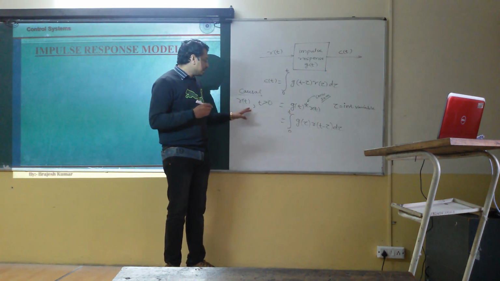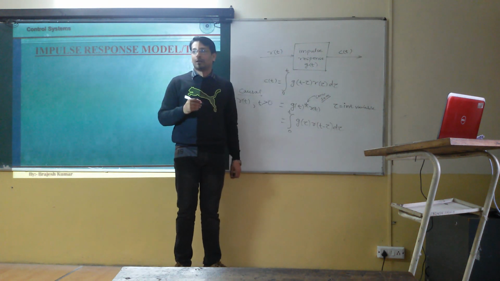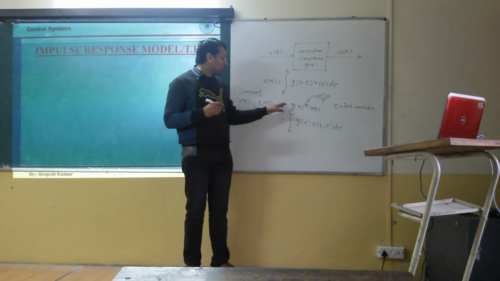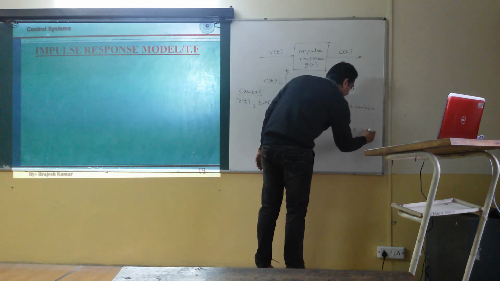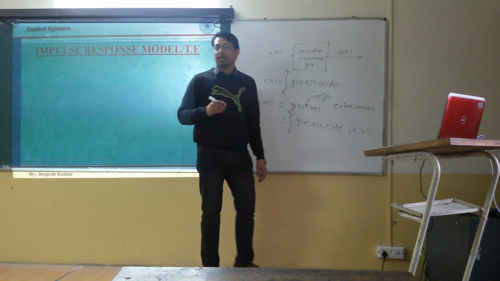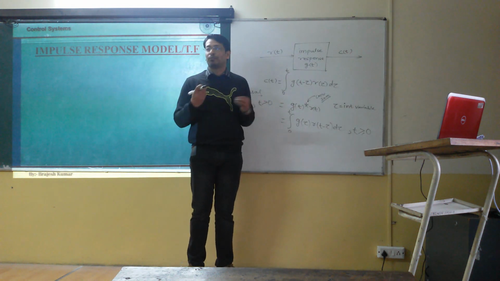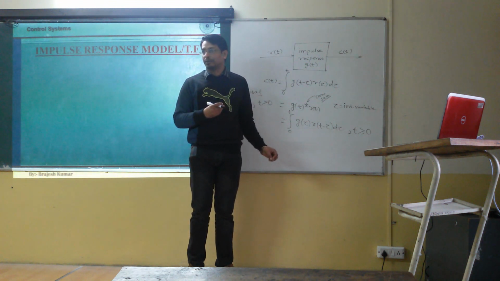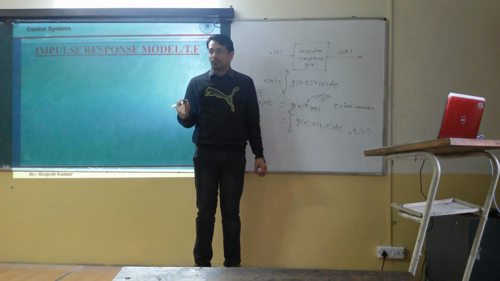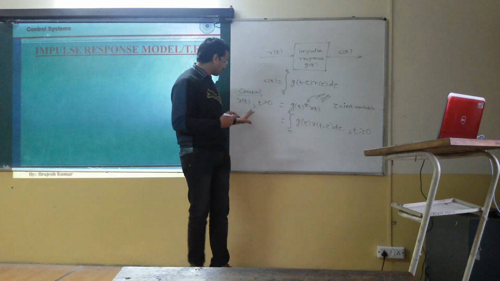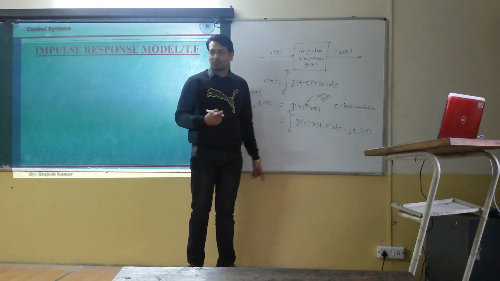Since your signal is causal and your system is a causal system, your output will also be defined only for t greater than or equal to 0. Why? Because the output cannot be produced before the input comes to it, and the input is not available before t equals 0. Correct? This particular term you might have studied a little in mathematics.